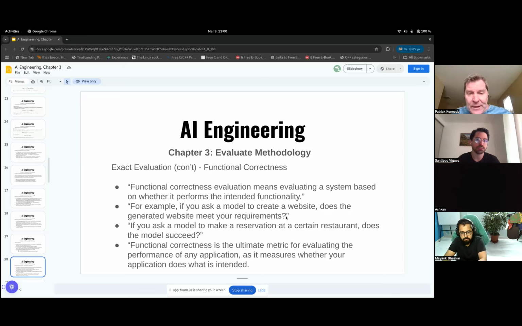For example, if you ask a model to create a website, does the generated website meet your requirements? You ask a model to make a reservation at a restaurant, does the model succeed? Functional correctness is the ultimate metric for evaluating the performance of any application, as it measures whether your application does what is intended. So that's what functional correctness is.